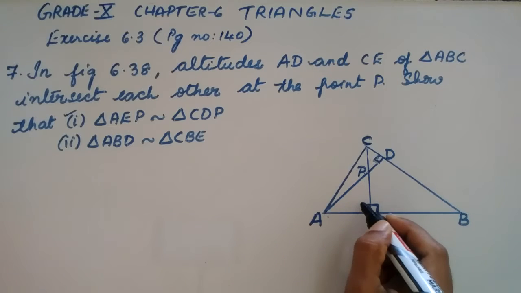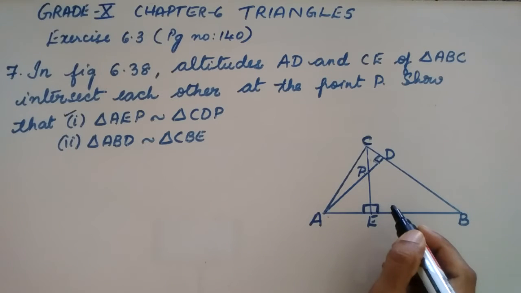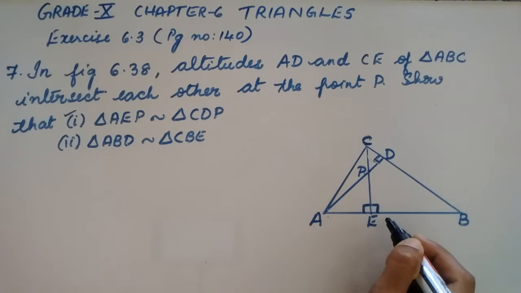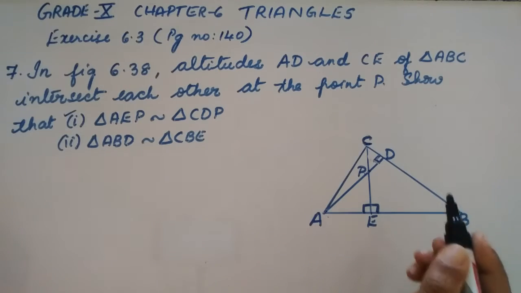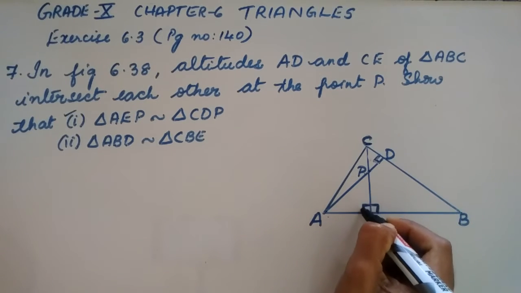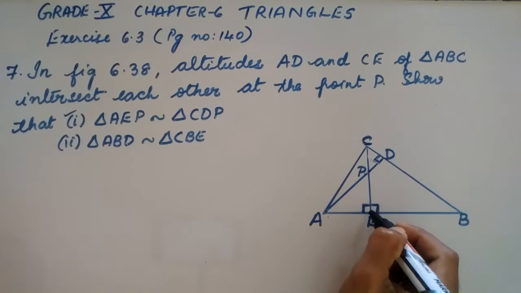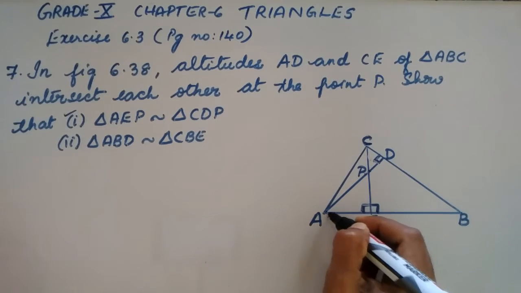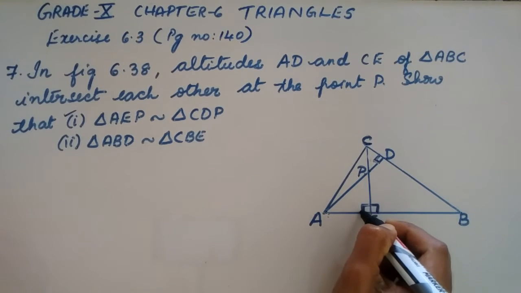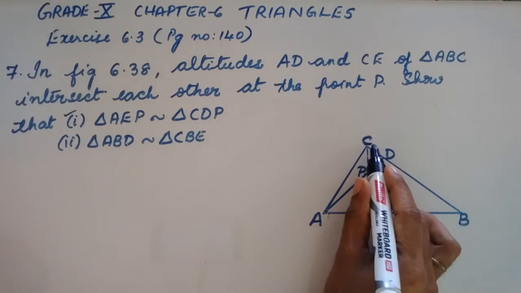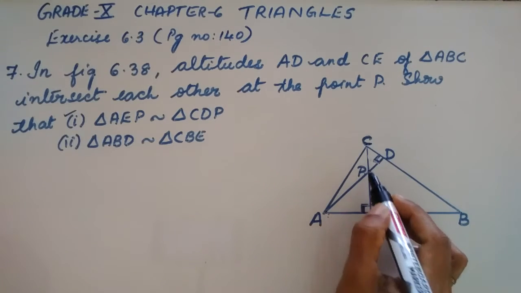If this is 90, this is 90. So 90 plus 90 is 180 degrees. So here in this triangle AEP, we have angle AEP equals 90 degrees and we have angle CDP equals 90 degrees.